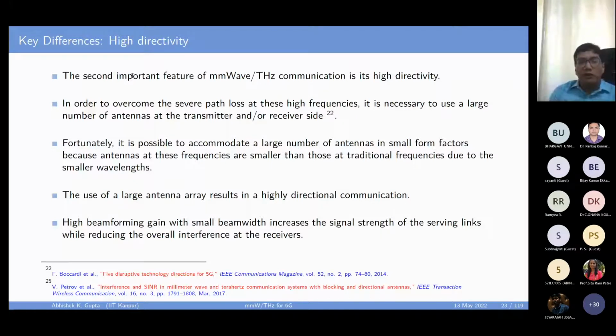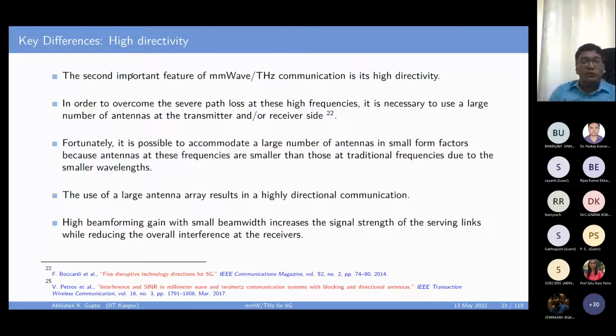So in millimeter wave, propagation loss was significantly low. But if you keep the antenna aperture the same, you can have more antennas in millimeter wave. The antennas of millimeter wave are of the order of millimeters, and in the conventional case, it was of the order of centimeters. So your antennas get smaller, and you can accommodate a larger number of antennas.